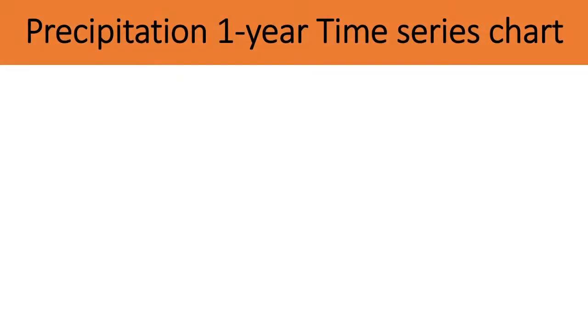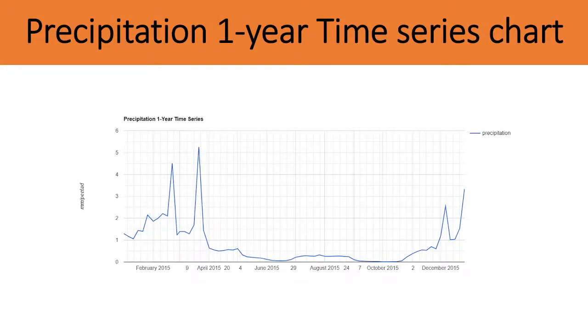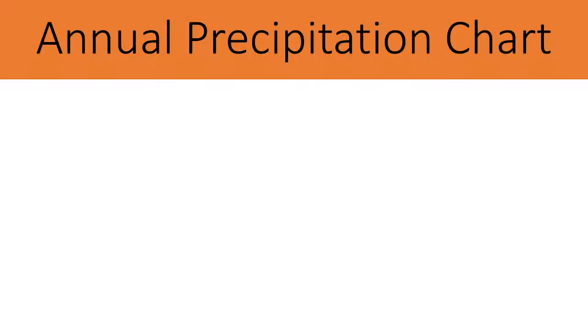So let's go. And also make the 1 year time series chart. Suppose you want to make this type of 1 year time series chart. What is the condition about the precipitation? Then you can also see the annual precipitation, how you can easily create that.